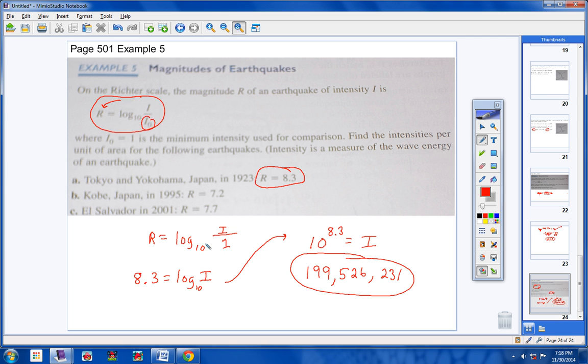I'm trying to see. But anyways, there's the answer. Okay? So you just found the intensity per unit of area for the earthquake that was in Japan. The Richter scale was an 8.3, and you found the intensities per unit of area. And there it is right there. So those are pretty simple.